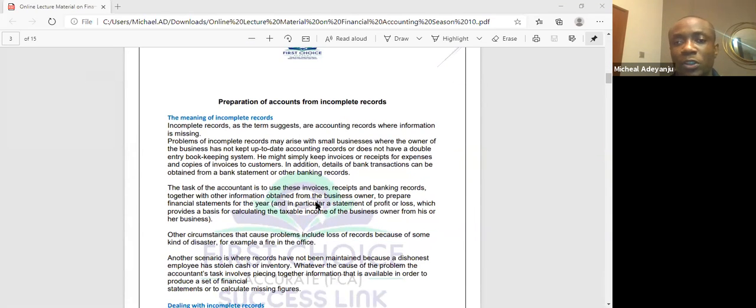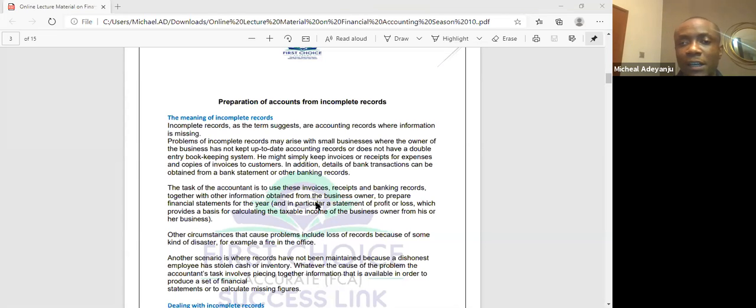So today we'll be looking at preparation of an incomplete record. So what do we mean by an incomplete record? Incomplete record is a situation whereby the bookkeeper or the accountant in charge of the business did not keep up-to-date accounting records or does not have a double entry principle, does not keep the principle of accounting proper, and hence is missing a bulk of transactions in his book.